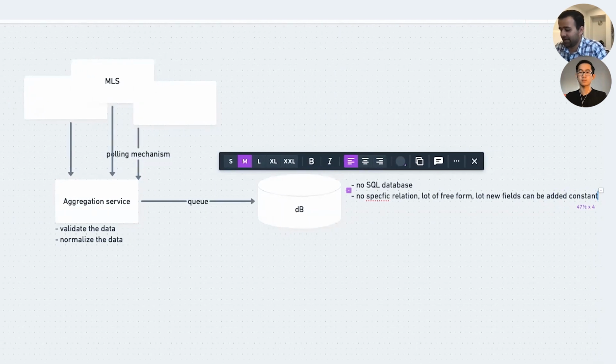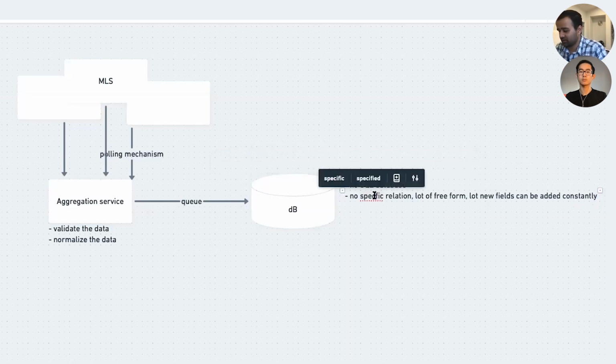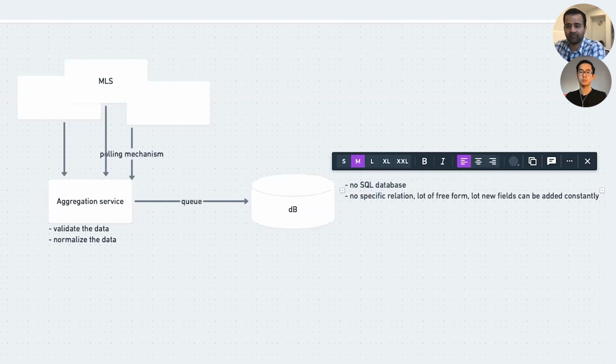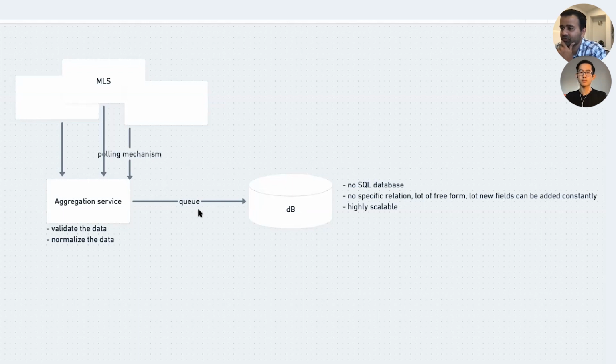So over time, as data gets richer and richer, and the aggregation service is able to pull more and more data, we can keep adding more and more information over here without having to worry about columns and how the relations play into each other. Plus, I think NoSQL databases scale very well, so they are highly scalable, right? So that's from the aggregation side.